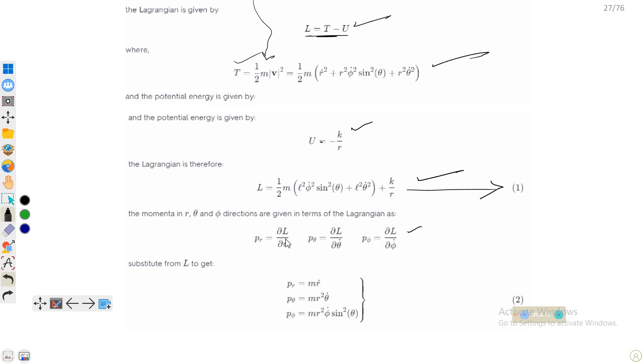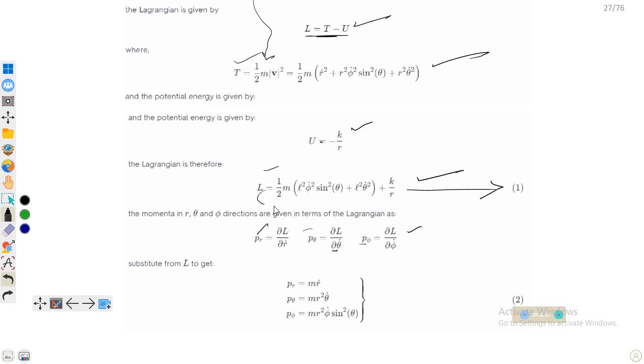So we take the derivative of the Lagrangian first with respect to r dot to find pr, then with respect to theta dot for p theta, and then with respect to phi dot for the generalized momentum p phi along the phi direction.